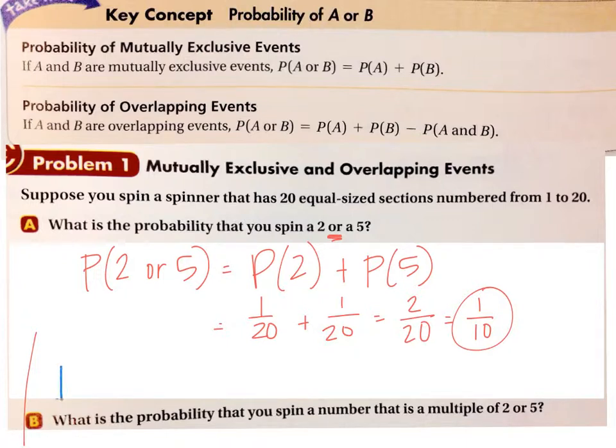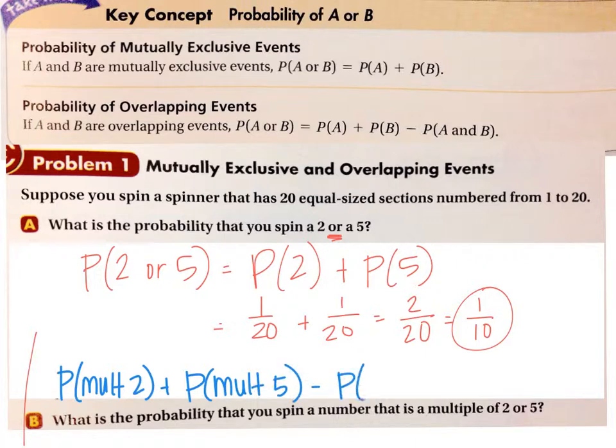So that's going to be the probability of a multiple of 2 plus the probability of a multiple of 5 minus the probability of a multiple of 2 and 5. The probability that it's a multiple of 2, there's 20 numbers: 2, 4, 6, 8, 10, 12, 14, 16, 18, 20. That's 10 numbers, so it's 10 out of 20.